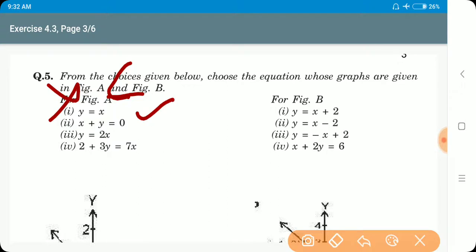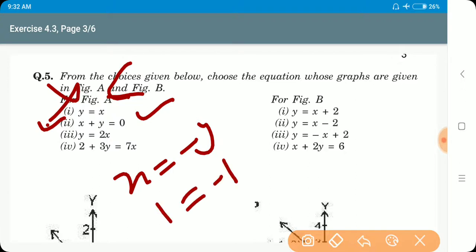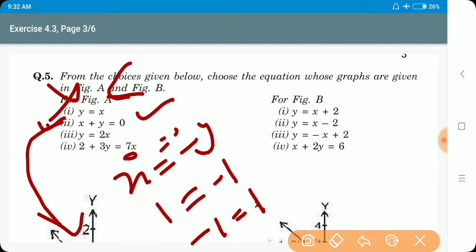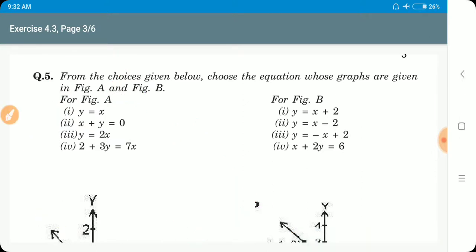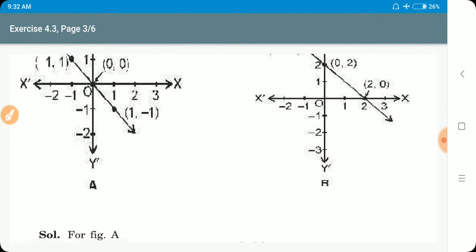Here it is a solution because x is equal to minus y. Suppose x is equal to 1, so y is equal to minus 1, and x is equal to minus 1, so y is equal to 1, or x is equal to 0, so y is equal to 0, which satisfies. So the second satisfies this. Okay, and this one you have to solve. I think you can easily do it.